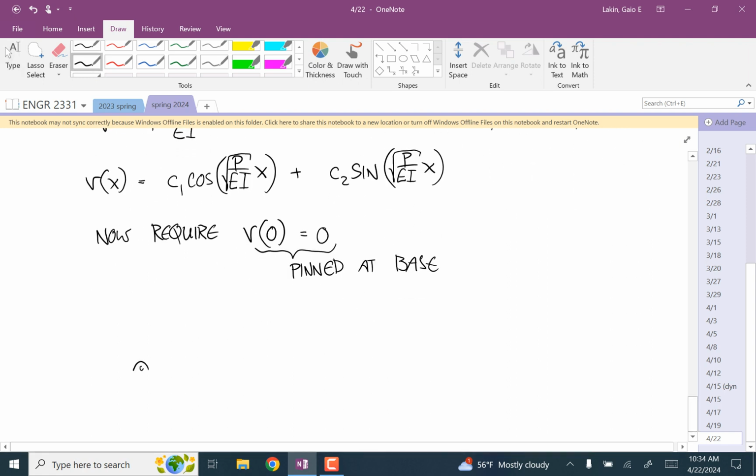I'm talking about the connection of the column to the ground being a pin joint, so it can do any crazy thing, but the deflection has to be 0 at that point. It looks like Dr. Seuss engineering.